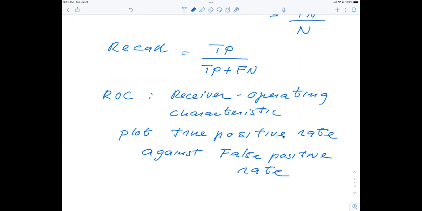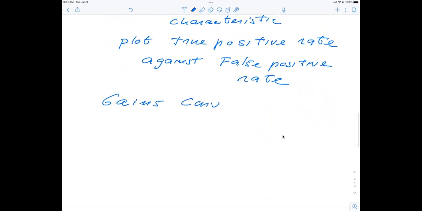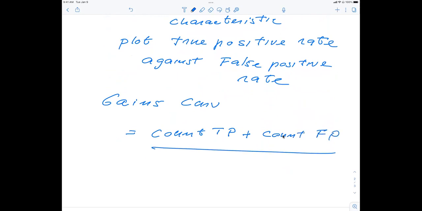So you will find many such ways of presenting the data. The other one which you saw is something which is called the gains curve. And that is actually the number of counts of true positive plus the number of counts of false positive, divided by the count of all observations.